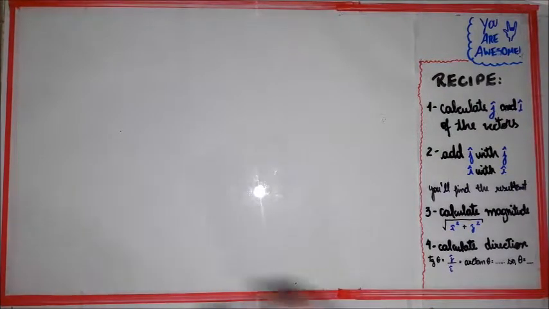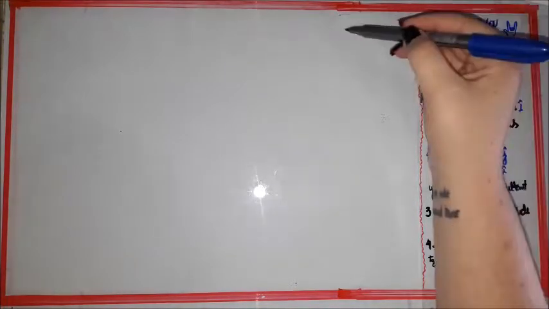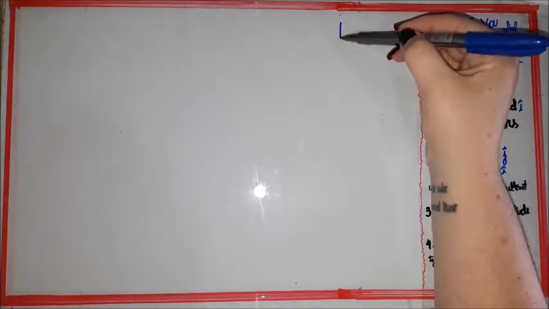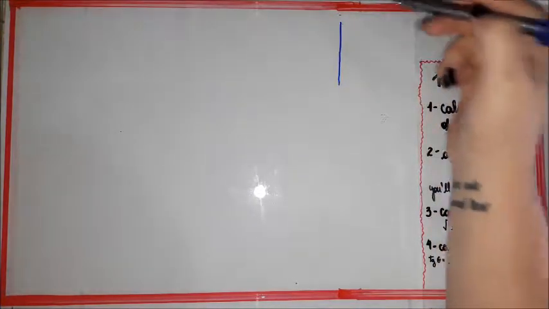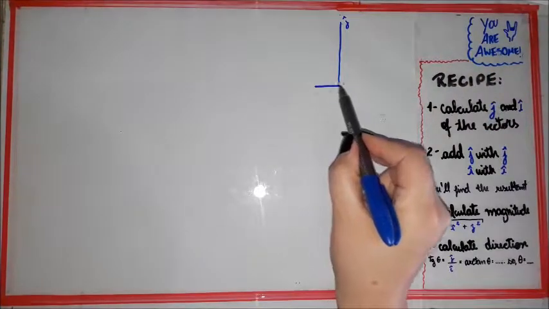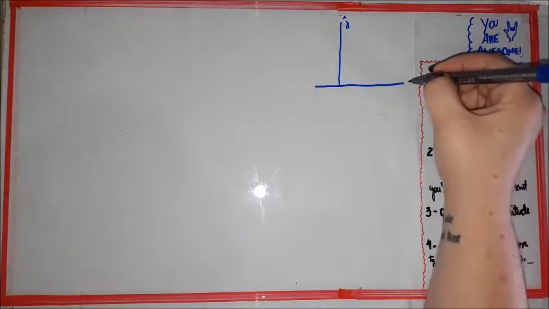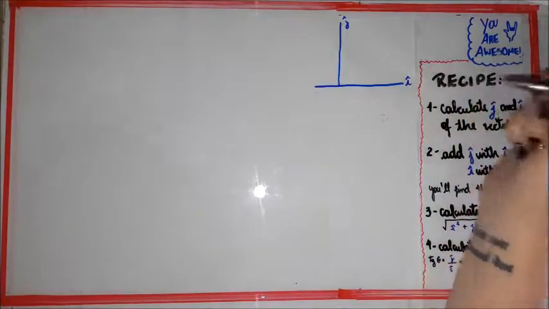First of all, I'm going to draw these vectors to see their behavior. Here we have the y-axis, which means j hat, and here we have the x-axis, which means i hat.